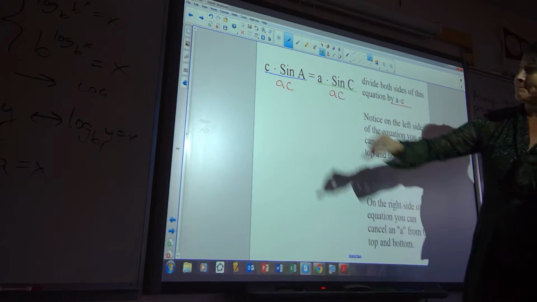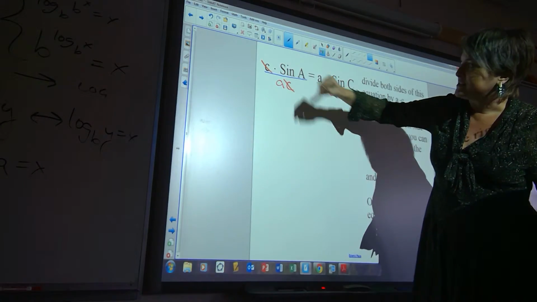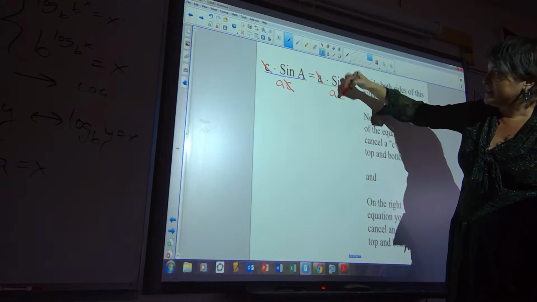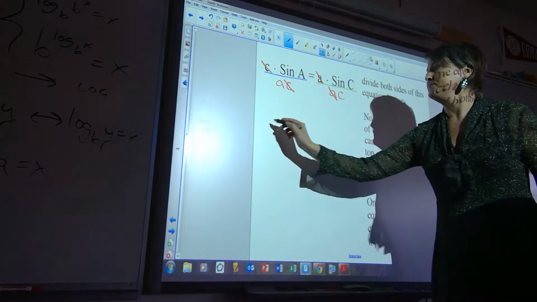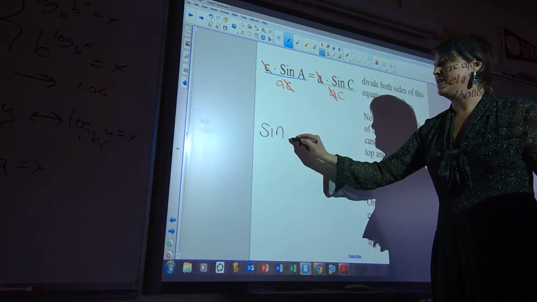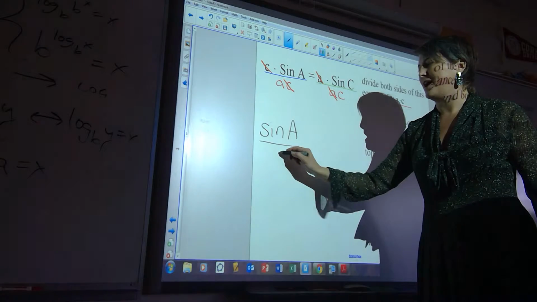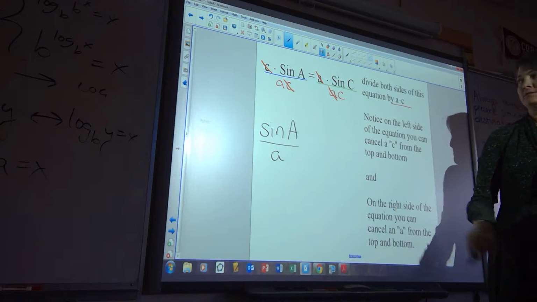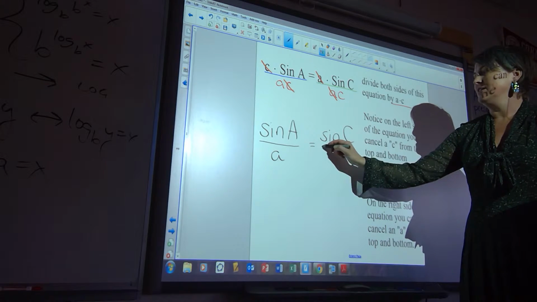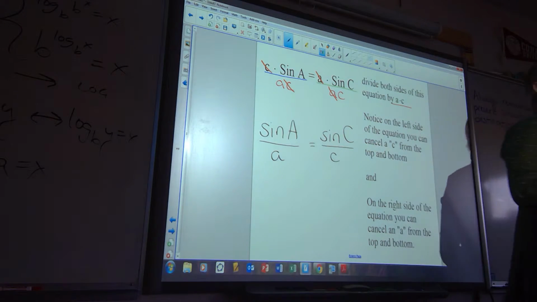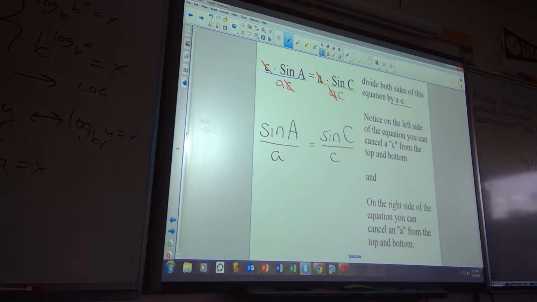Because when you do that, this and this divide away, this and this divide away, and what you are left with is sine of angle A divided by side A equals sine of angle C divided by side C. So they line up and they go together. That is the law of sines.